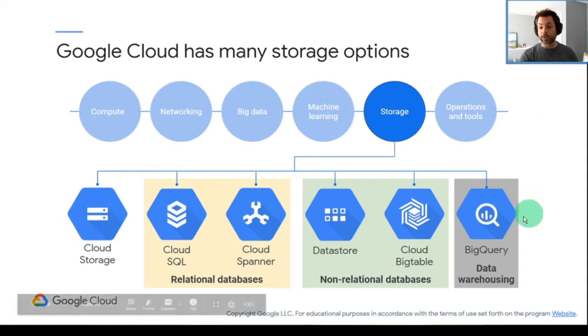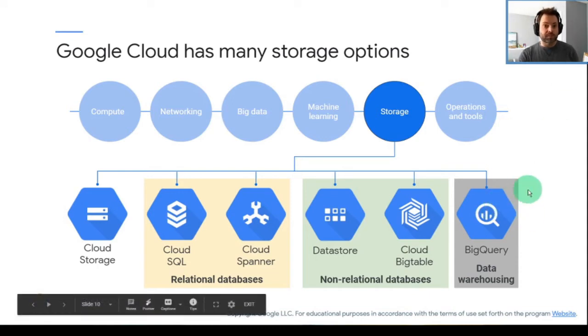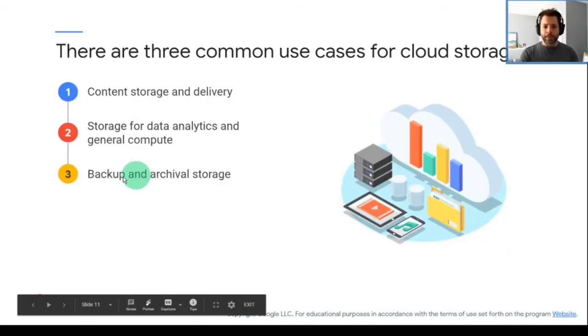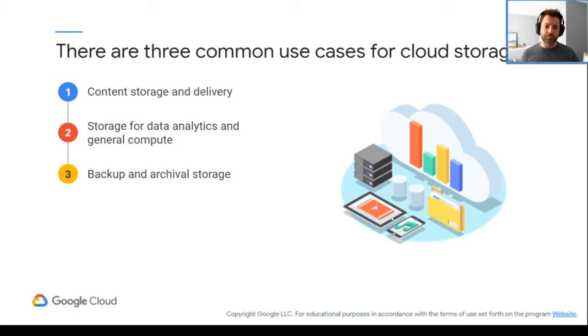Now, we will talk about BigQuery. This is going to be our big data environment. But if you're looking to liken it to something more commonly thought of, this is your data warehousing solution.